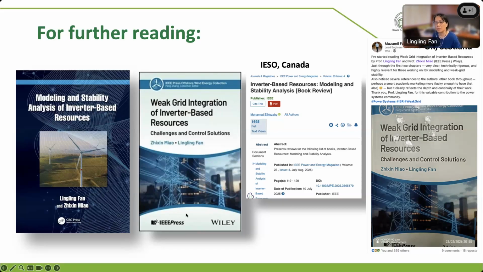So we talk about compensation, series compensation, what will happen. We also talk about the fault analysis and the protection part. So let's move in that direction. Both books are written for practitioners.